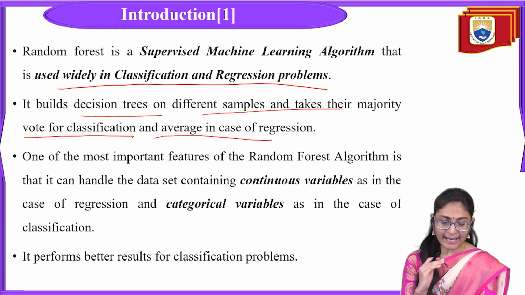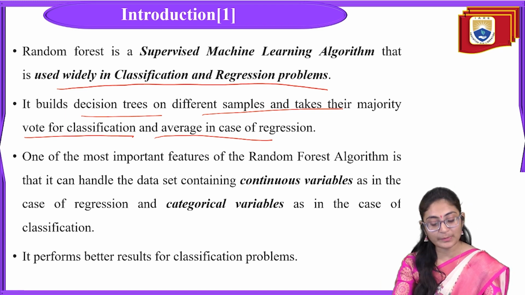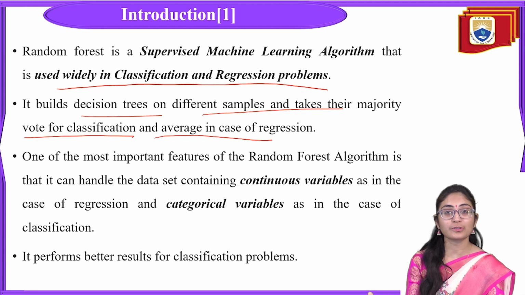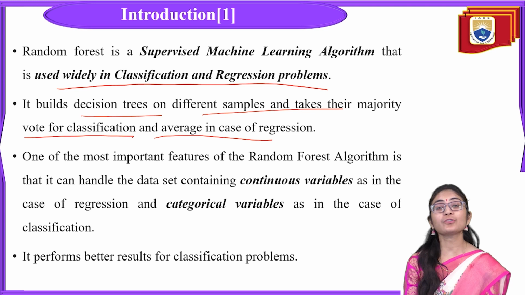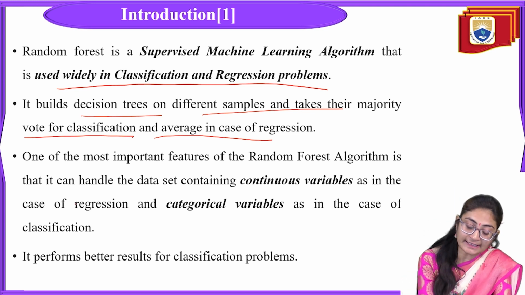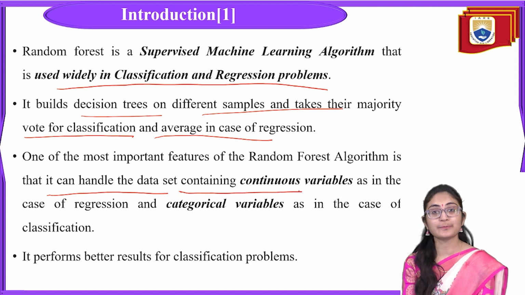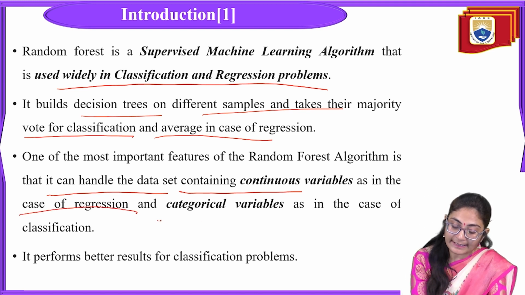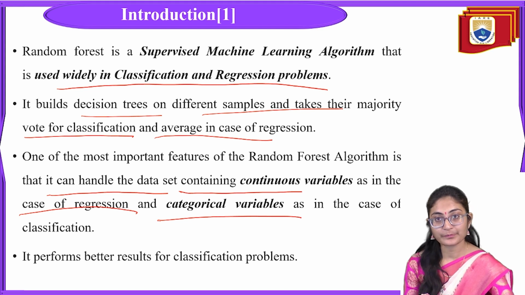So random forest builds decision trees on the basis of different samples, and then uses the vote for classification and the average in case of regression. One of the most important features of the random forest algorithm is that it can handle datasets containing continuous variables, as in the case of regression, and categorical variables, as in the case of classification.